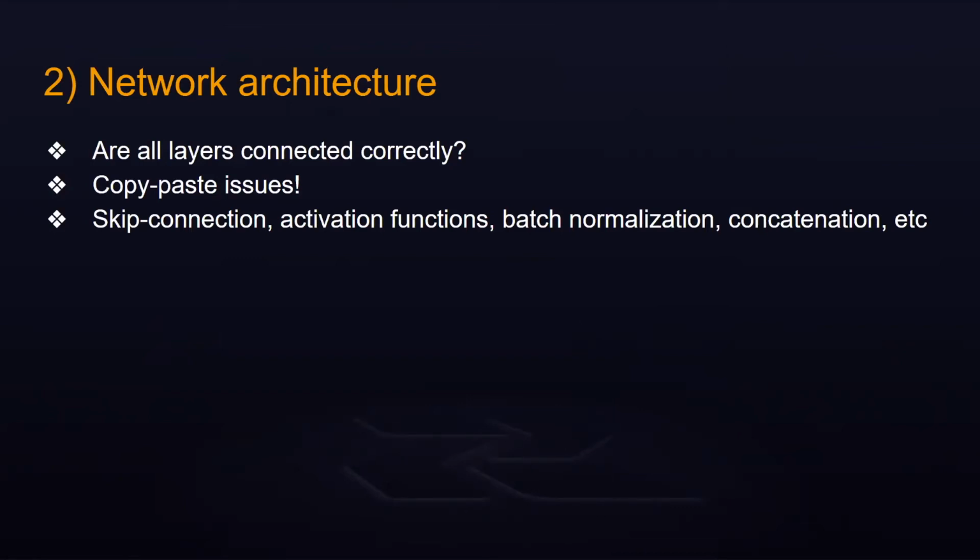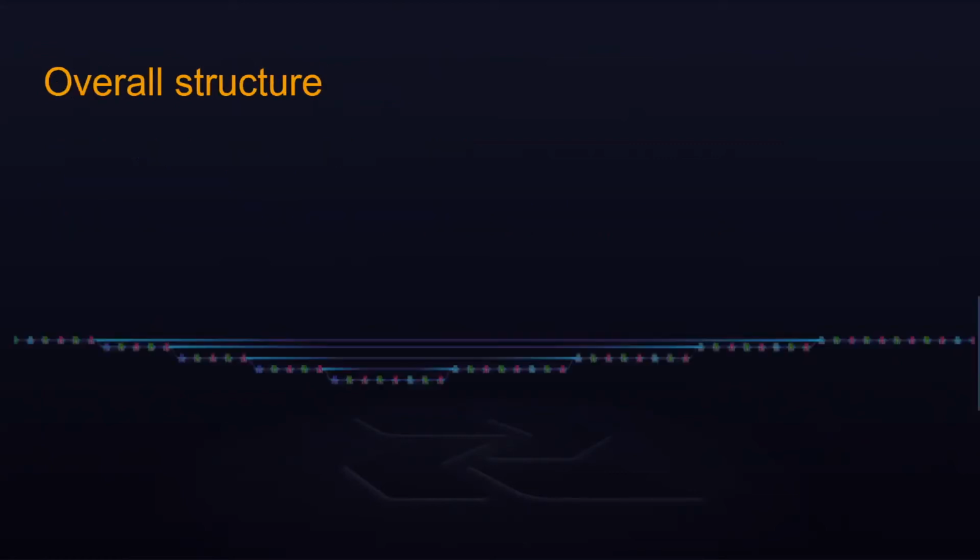This is especially true when we have a big network with lots of skip connections, different activation functions, batch normalizations, concatenations, etc. It's usually difficult to make sure that the network architecture is the shape we wanted.